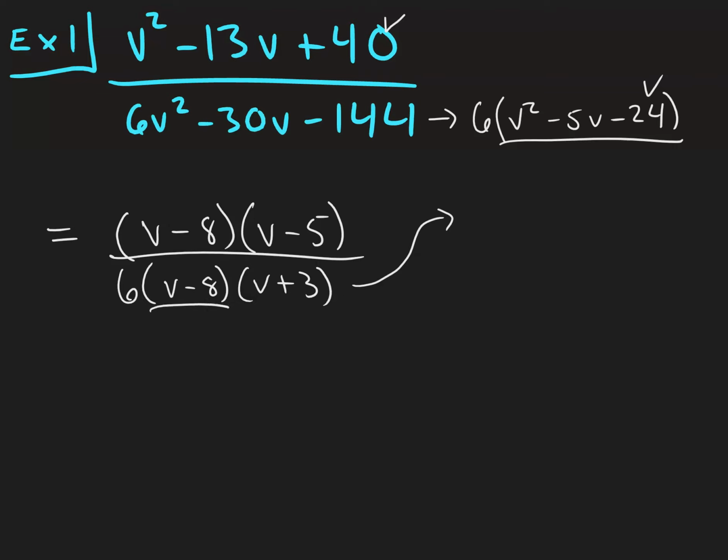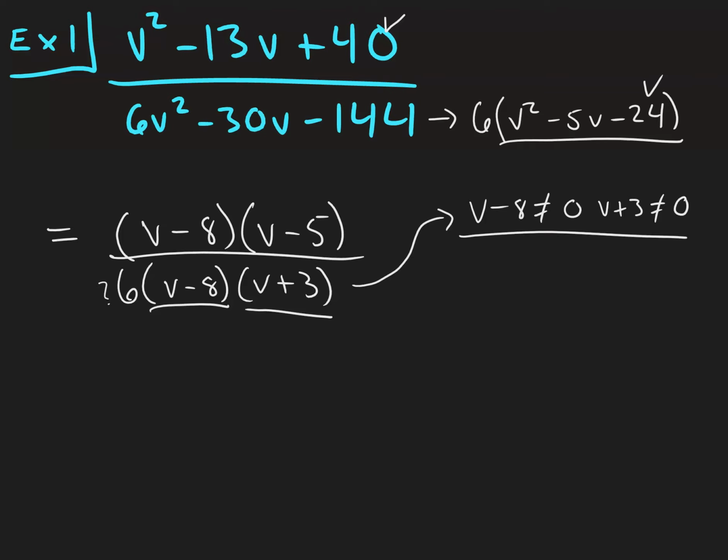So that means either this factor here or this factor cannot be equal to 0, which means that I can say that v minus 8 cannot be equal to 0 and v plus 3 cannot equal 0. Now, a lot of students might worry about what happens to this 6 here. Well, a 6 can't turn into a 0 without a variable, so you don't have to worry about the constant that's out there.